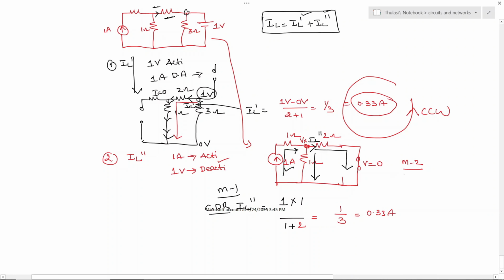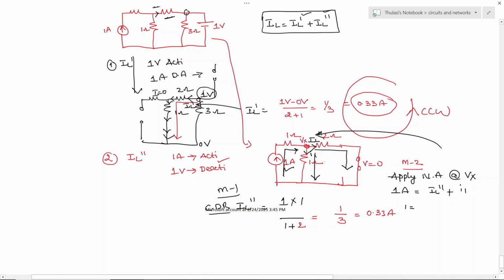Now we are going to apply nodal analysis at the Vx node. What are the entering currents? 1 ampere is entering, and what is leaving? This current IL double dash plus the current flowing in this branch, marked as I1.